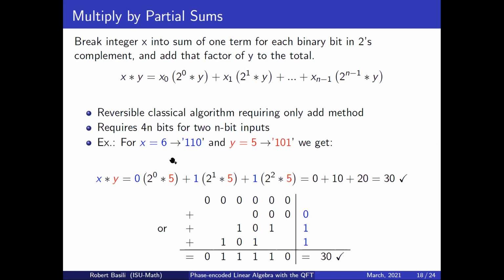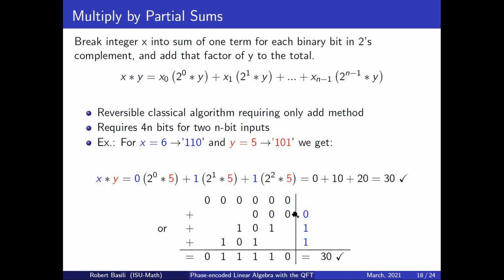As an example, the way we get to do this through just add is if we're multiplying 6 and 5, in essence, this is what this equation would be.